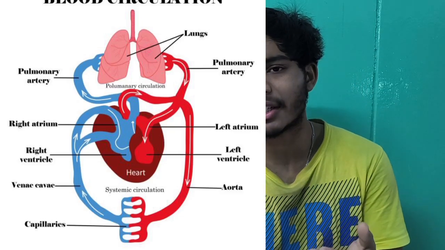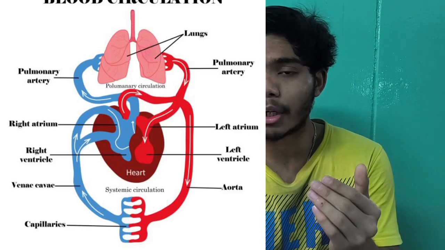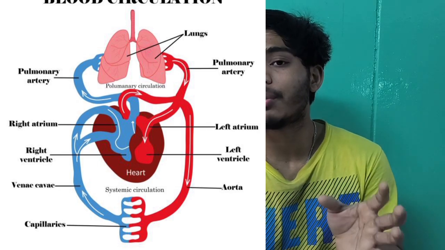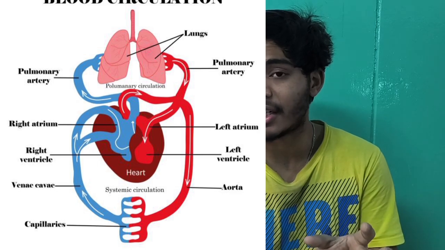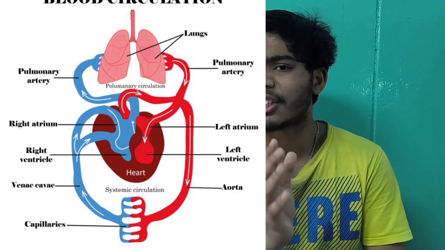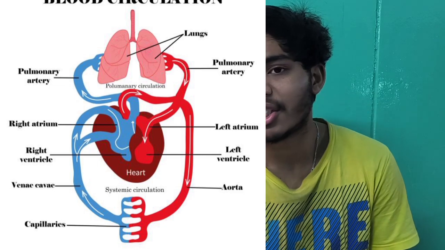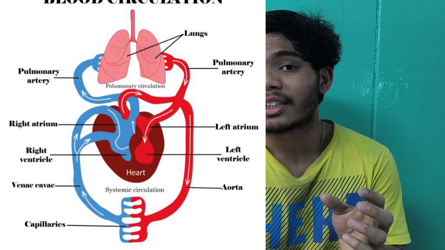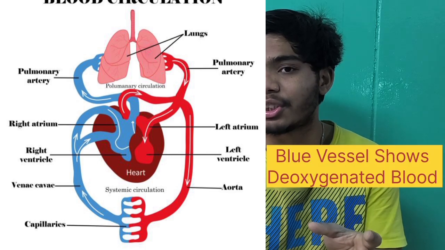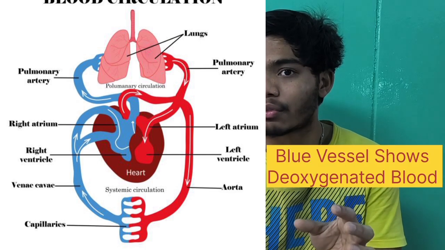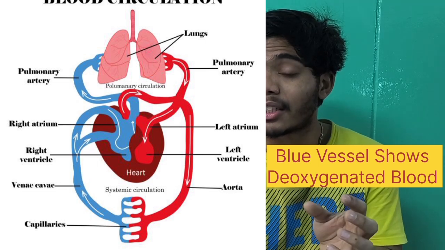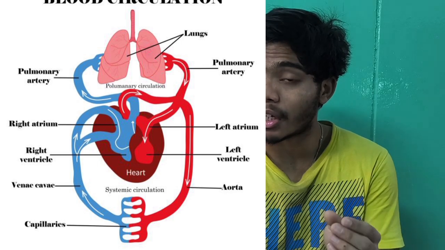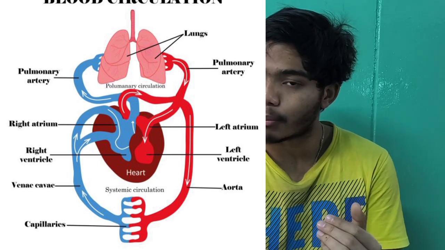By seeing this diagram, you can relate the pulmonary circulation and systemic circulation. Now I want to discuss the right-sided heart failure. So just remember and see the function of the right side of the heart. The right atrium receives deoxygenated blood from the veins, and then the right ventricle transfers this deoxygenated blood from the heart to the lungs through the pulmonary artery.